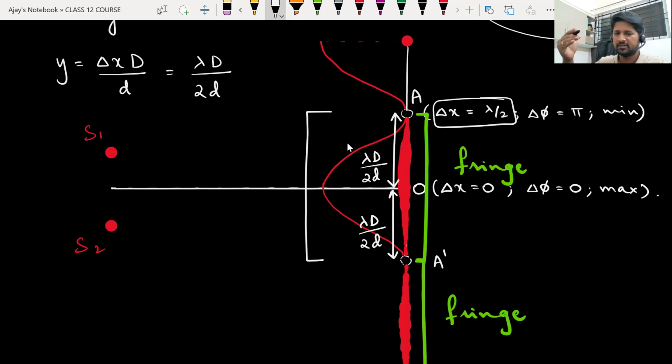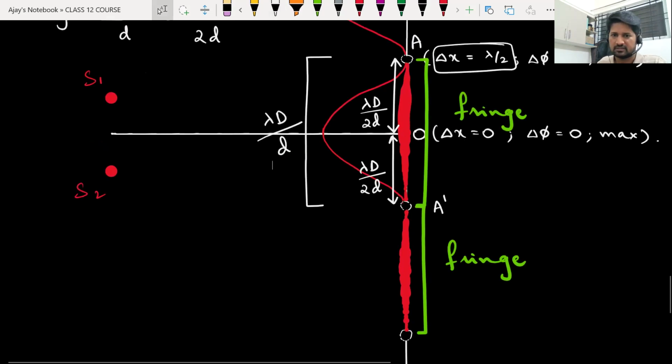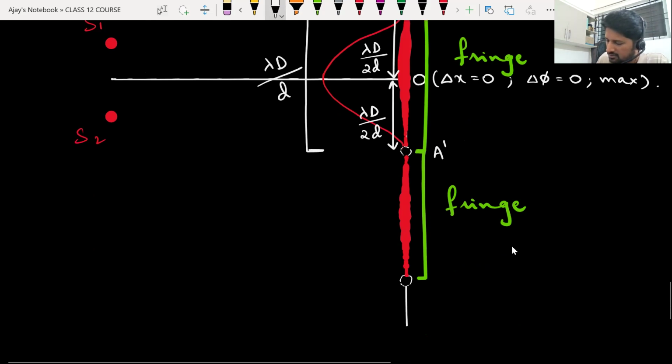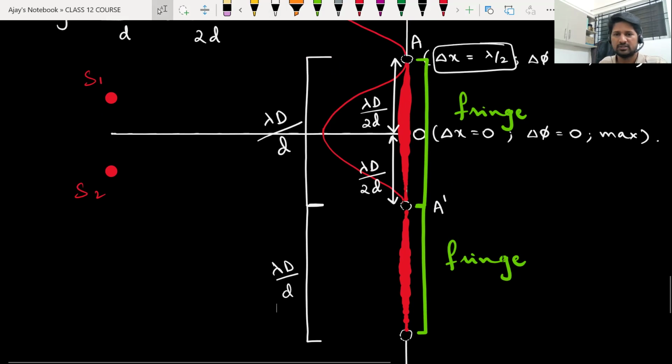On the upper side, it is lambda D by 2d. Lower side also lambda D by 2d. Then what is the total distance? 2 lambda D by 2d. The 2s will get cancelled. The total distance effectively becomes lambda capital D by small d. And isn't that the width of the fringe? Yes, sir. Okay. The next fringe also will have the same width, lambda capital D by small d, and so on. This is what we mean by fringe width, the width of each band that you see on the screen.